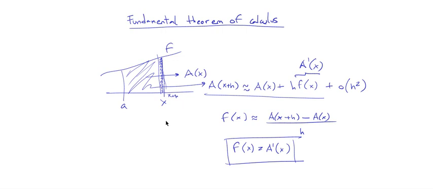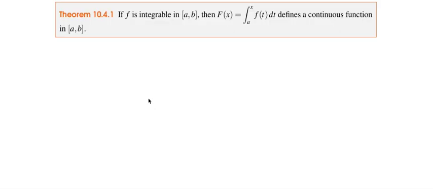So in the rest of the video, we're going to prove this result in a more rigorous way. First we have to prove this: if f is integrable in the closed interval [a,b], then the primitive, the integral of f from a to x, which we call F of x, defines a continuous function in this interval.